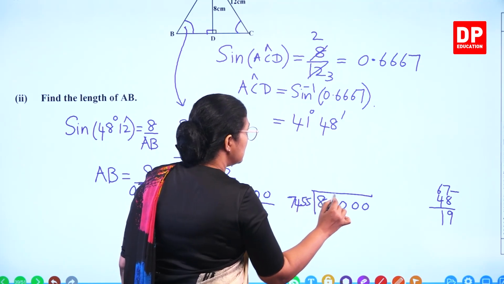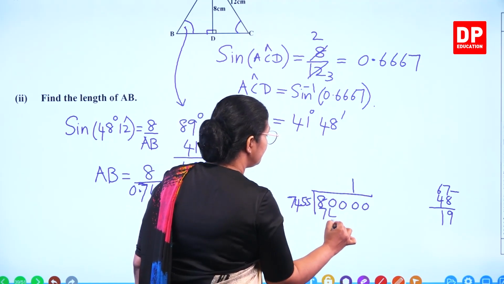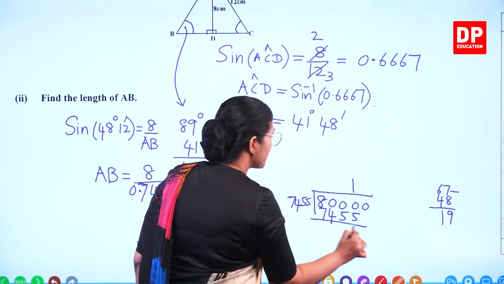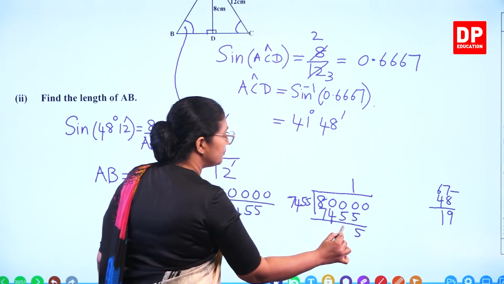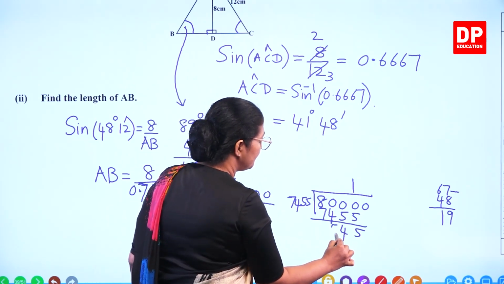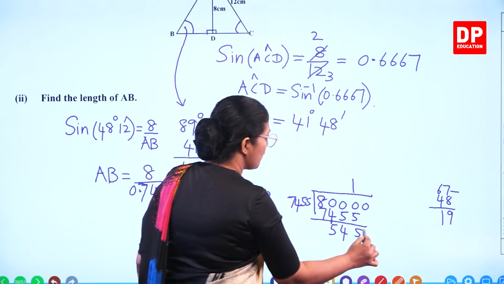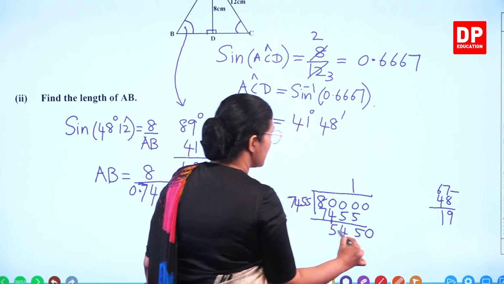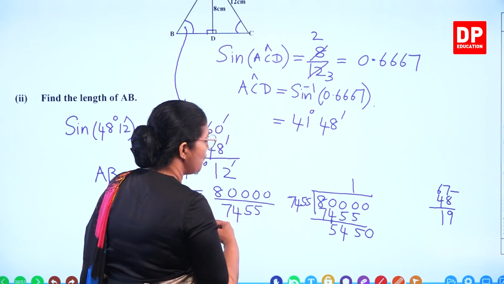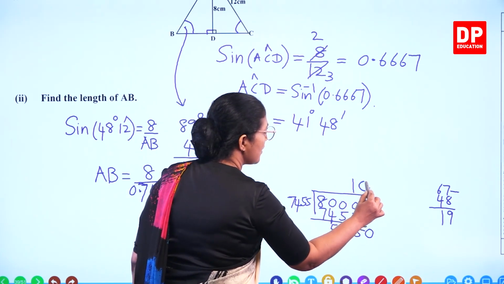7,455. 1, subtract, 5,450. So there's nothing there.